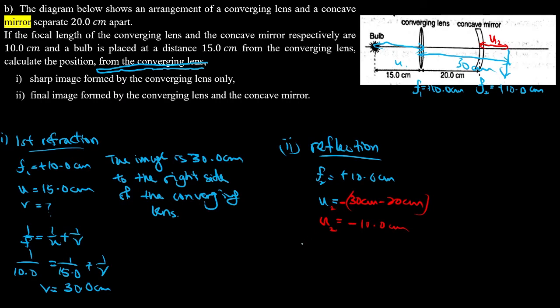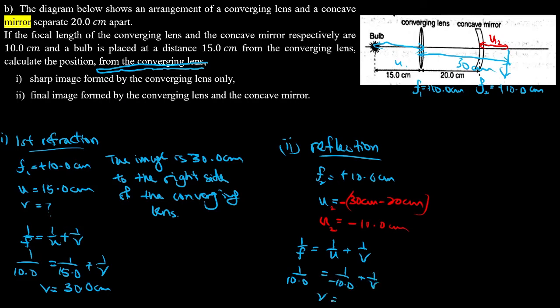So you have your mirror equation, 1 over f equal to 1 over u plus 1 over v. Your f is 10 cm, your u is negative 10 cm, plus 1 over v.